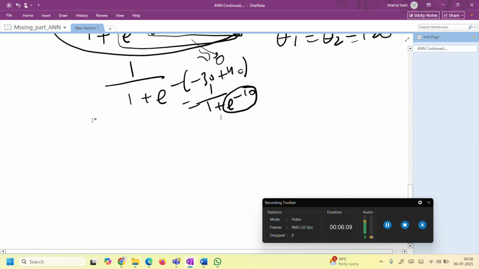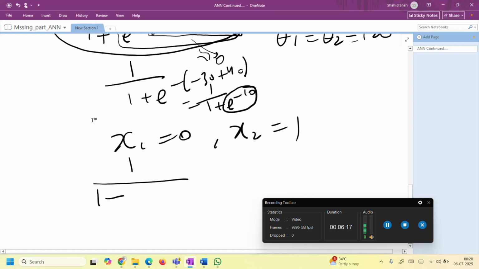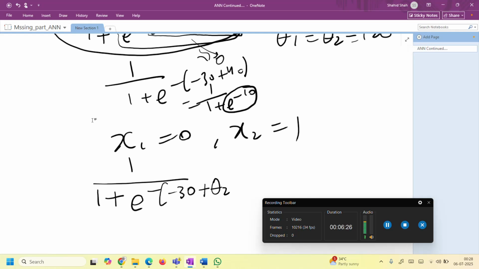Suppose x1 is 0, x2 is equal to 1. So what is the value of this hypothesis function? E to the power minus, so this is minus 30. x1 is 0, that term will vanish, plus x2 is 1, so theta 2. Now if theta 2 is chosen to be 20, minus 30 and plus 20 becomes minus 10, so this becomes 1 divided by 1 plus e to the power minus of minus 10, that is plus 10.